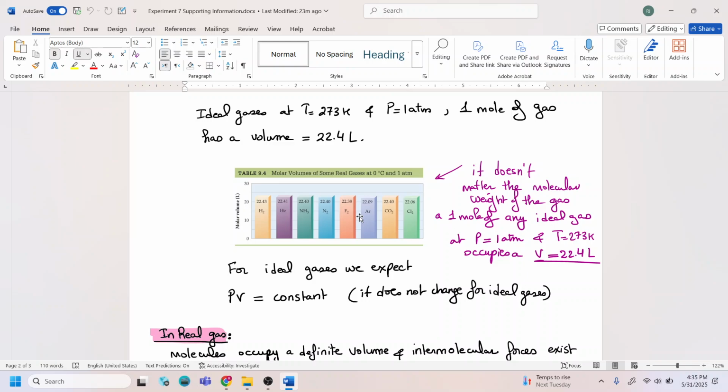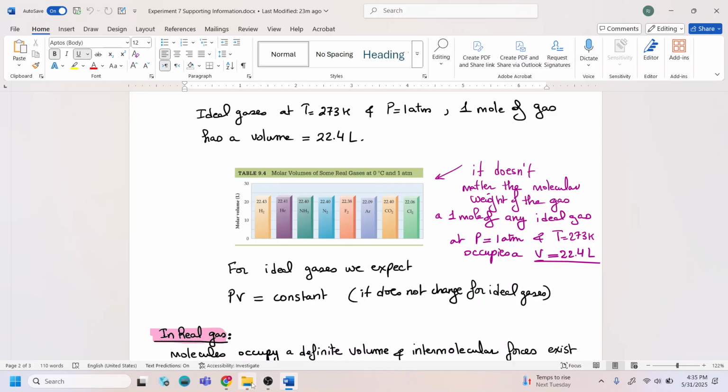So by definition, 1 mole of an ideal gas, any type of gas, whether it's hydrogen, helium, ammonia, notice all of these have different molecular weights, always occupies a volume of 22.4 liters at a temperature of 273 and a pressure of 1 atmosphere.